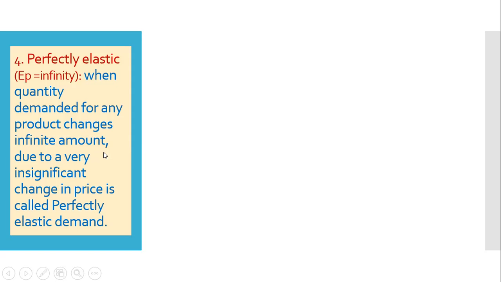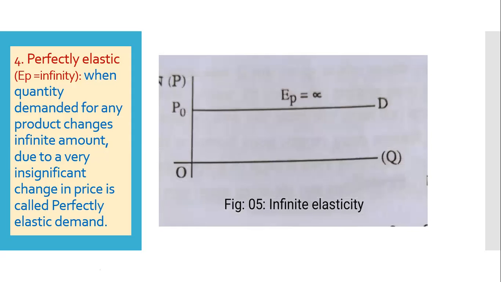So how is the demand curve in this case? You see the demand curve is just parallel to the horizontal axis. Here, the insignificant change in price is shown by no apparent change in the price, and quantity demanded is changing by an infinite amount.